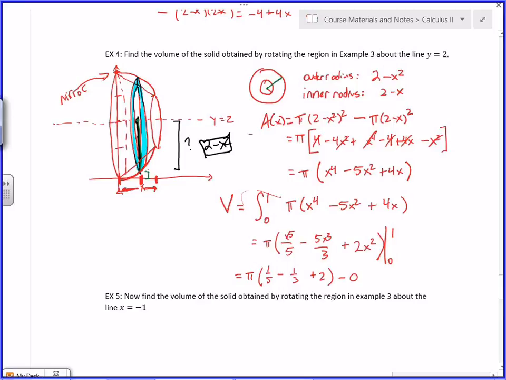So this is 3/15 minus 5/15, negative 2/15, plus 30/15, 2 over 1. So 32/15. 3 minus 5 is negative 2. Oh, yeah, 28/15. 28 pi over 15. I don't know why it doesn't seem familiar. Did I mess up? Surely not. I wouldn't make a mistake in class.